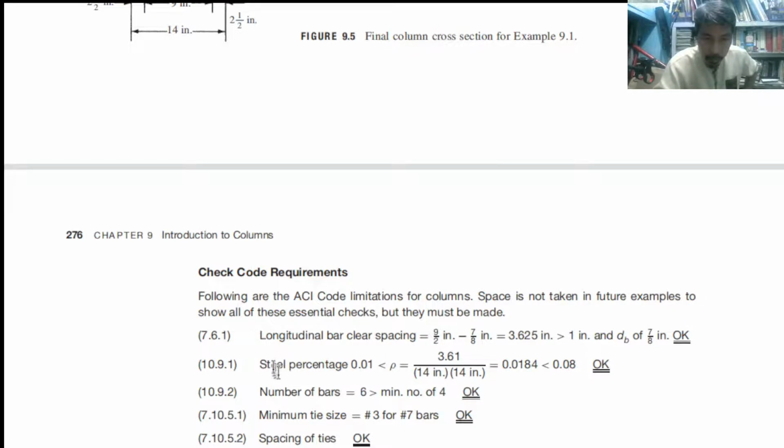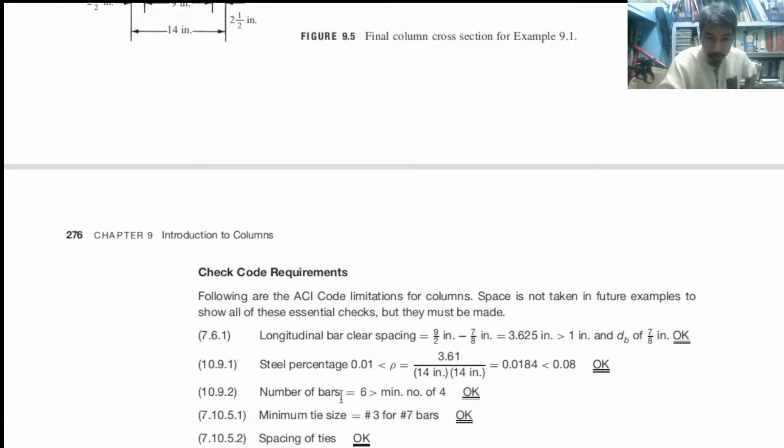Steel percentage, greater than 1%. We assumed 2%, but after the computation, the actual is 1.8%, which is less than 8%, its maximum.